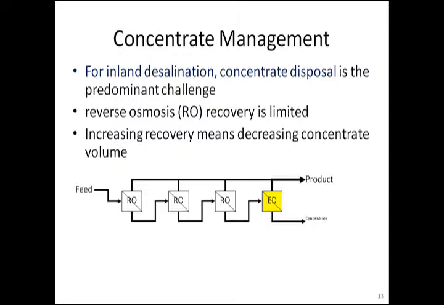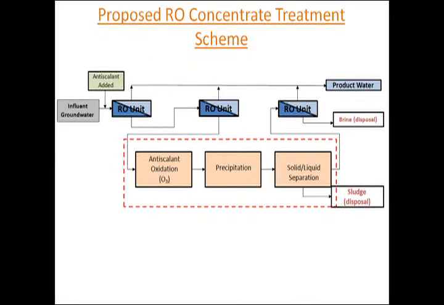And the other one is a much more complicated system, shown on the bottom here. You take the concentrate from your final RO unit and do an antiscalant oxidation, perhaps or perhaps not, then do a precipitation process, because the reason why you've had to stop your RO process at that point is because you're worried about precipitation onto the membranes.